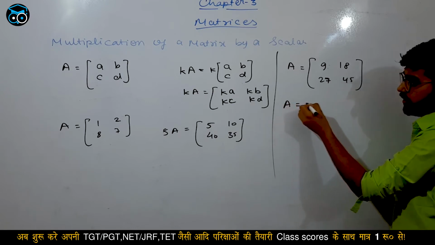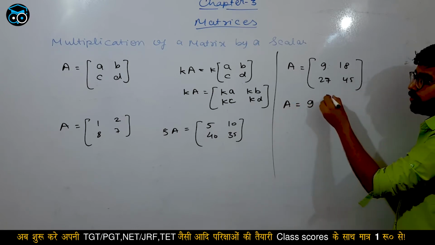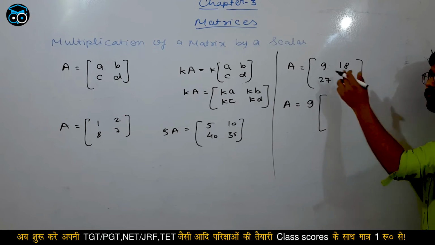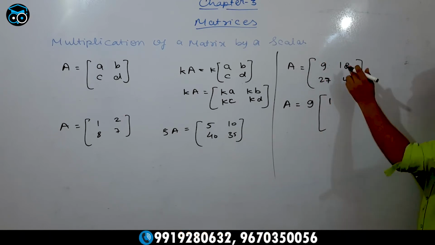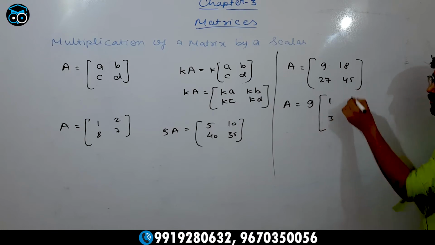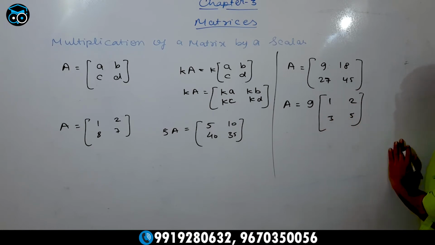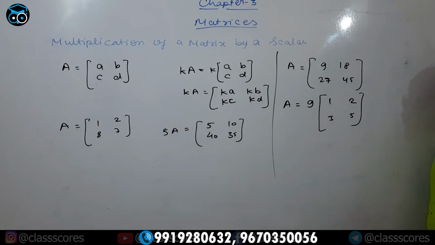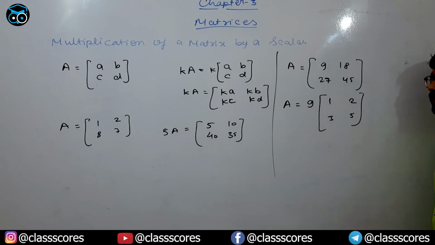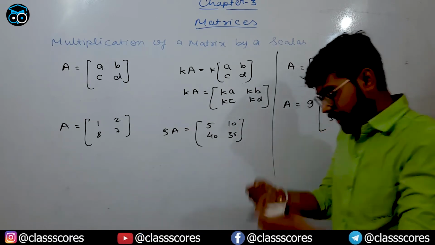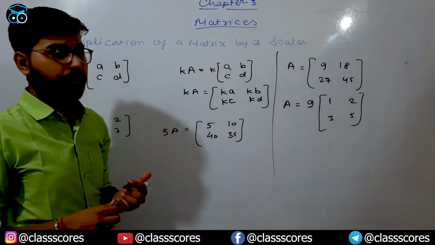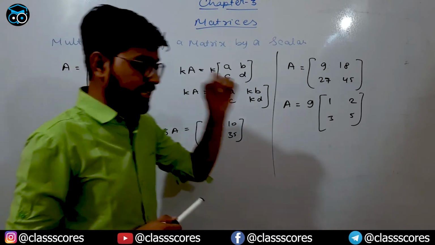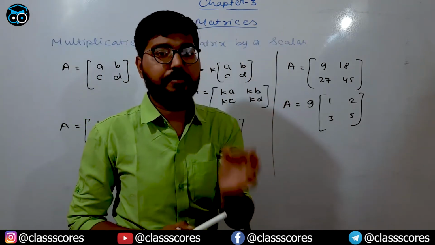Then when we take 9 out, it will come out from each and every element. Here if 9 is taken as common, then it will be 1, 2, 3, 5. So this will be the required answer. Clear? Whenever we multiply or take anything common from the matrix, it comes from each and every element.